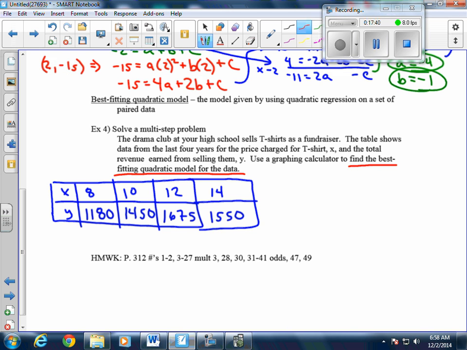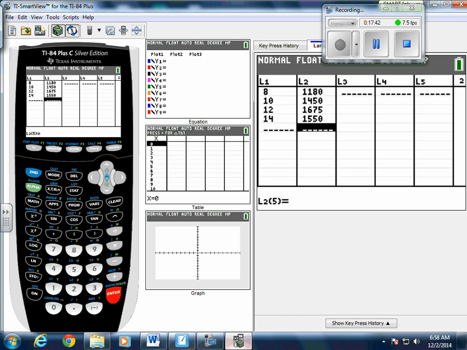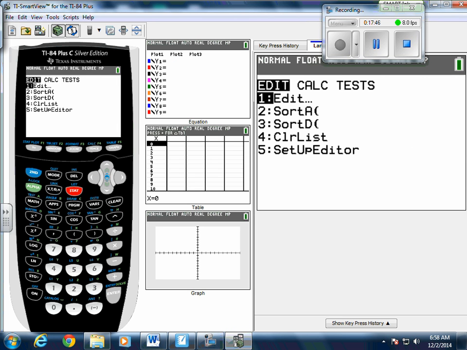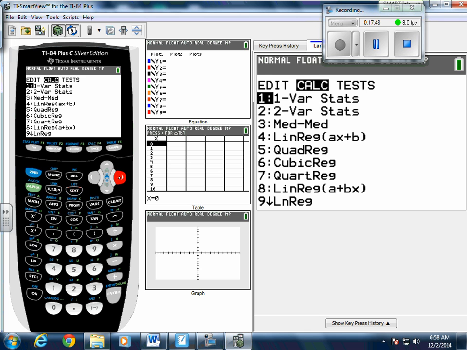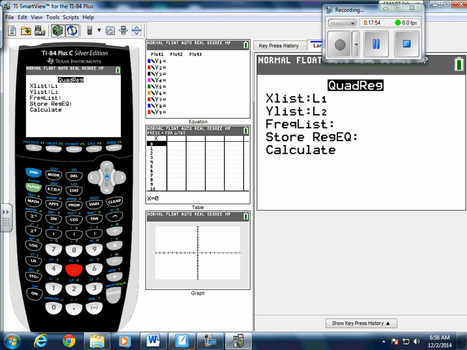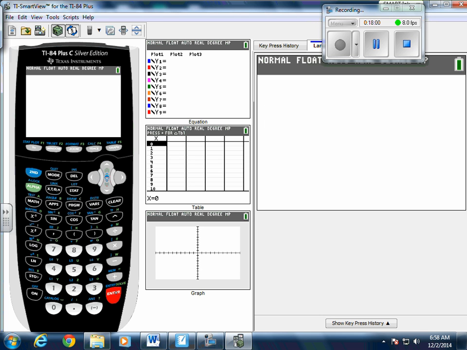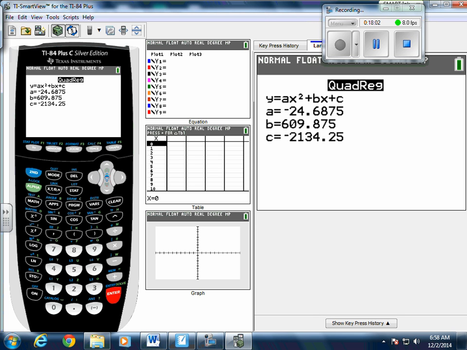Now we're going to hit the stat button and go over to calculate, just like we did our linear regressions. In this case, we're looking for a quadratic regression, so that's number 5. We have list 1 and list 2, so we go down there and hit enter to calculate it, and there's our data.